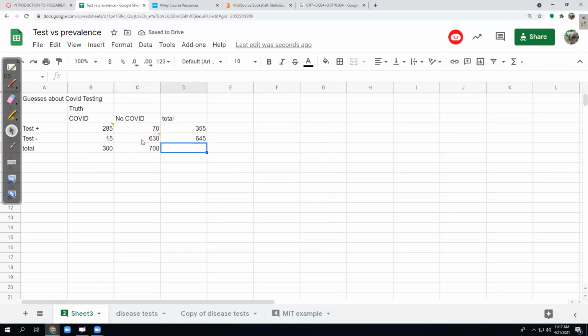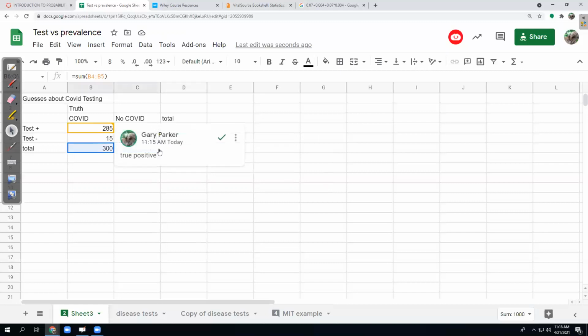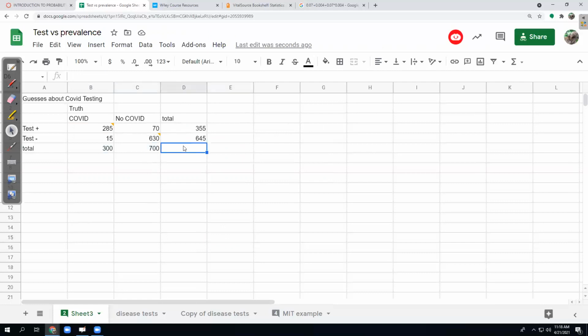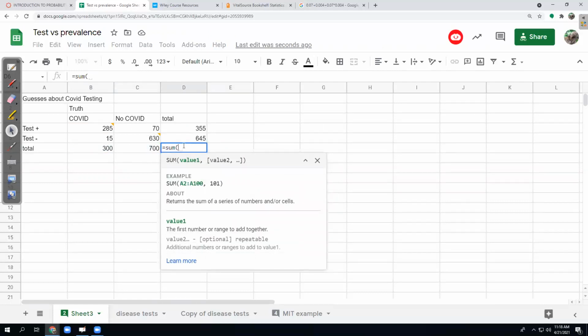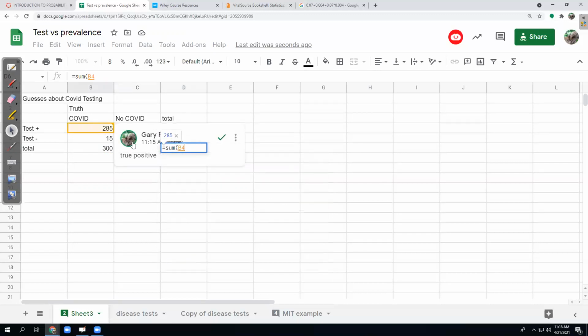Now, these are subtotals really here and here. To get the total of everything, I can either add up this column, add up this row, or add up the original 4 numbers. And so it doesn't really matter which way you do it. I'm gonna add all of them. To do that, I would just take sum and then highlight over and down.